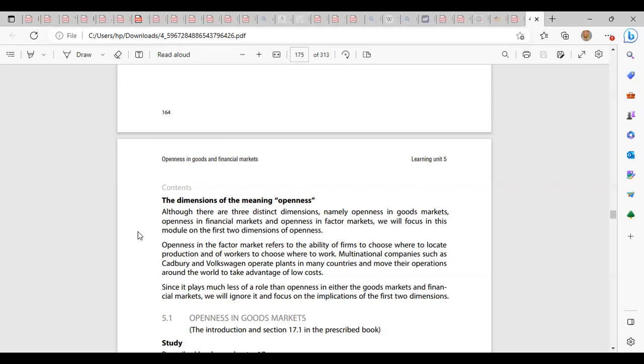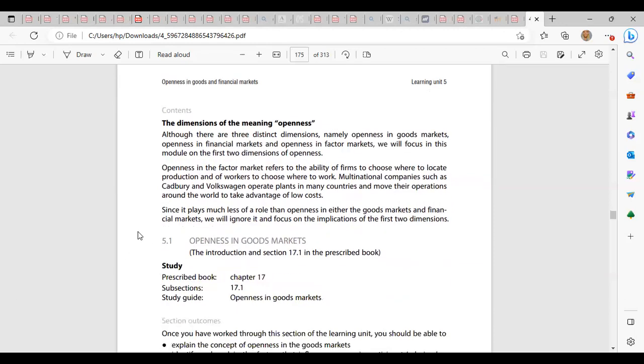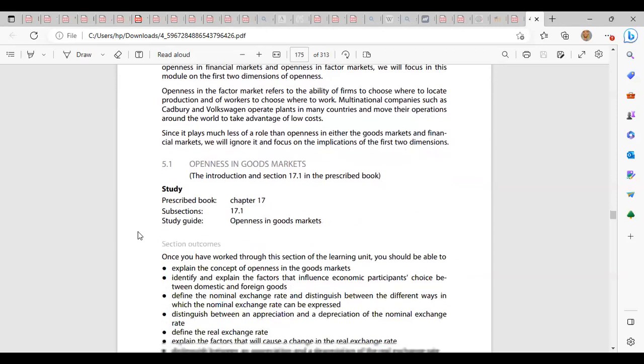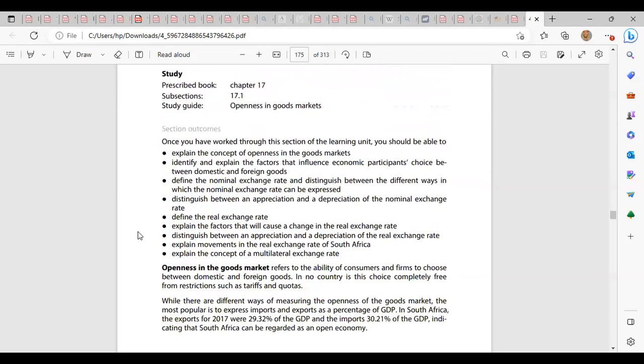All right, so let's start it off here. Once we have worked through this section of this learning unit, we should be able to explain the concept of openness in the goods market, identify and explain the factors that influence economic participants' choice between domestic and foreign goods, define the nominal exchange rate, and distinguish between different ways in which the nominal exchange rate can be expressed.